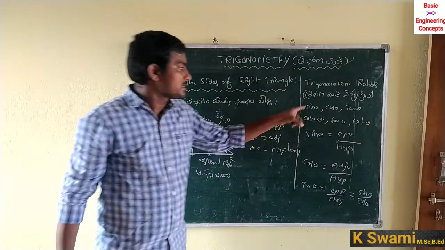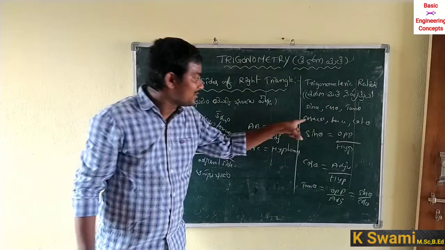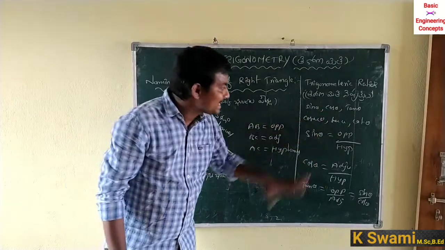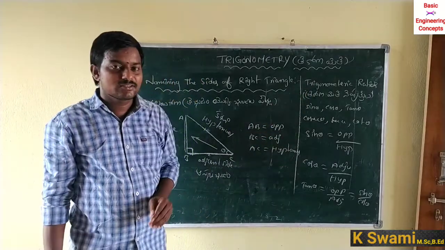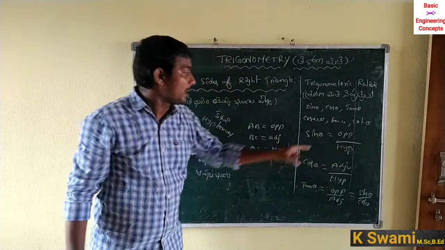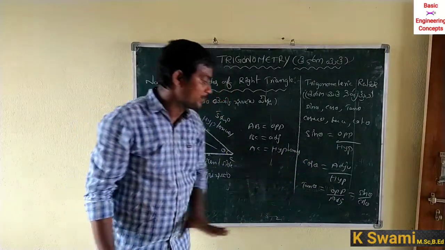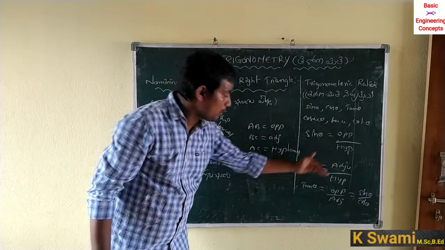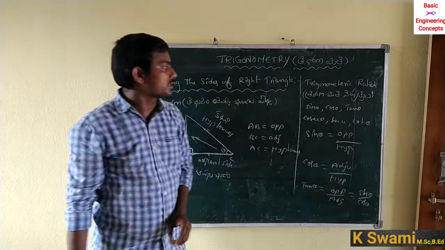So finally sin theta, cos theta, tan theta, cosecant theta, secant theta, and cot theta are called the trigonometric ratios. Sin theta is opposite side by hypotenuse, cos theta is adjacent side by hypotenuse, and tan theta is opposite side by adjacent side, or sin theta by cos theta.